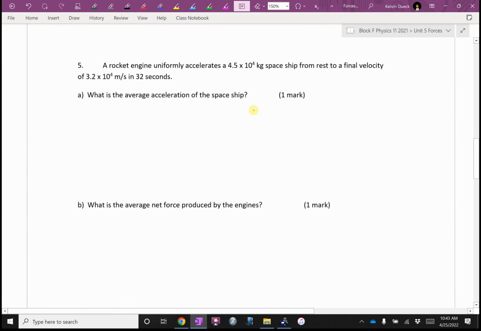Number 5. Average acceleration. I looked at the data and I said, you know what? I'm not using Scott's theorem. T is 32. VF is 3.2 times 10 to the 4th. From rest, VI is 0.